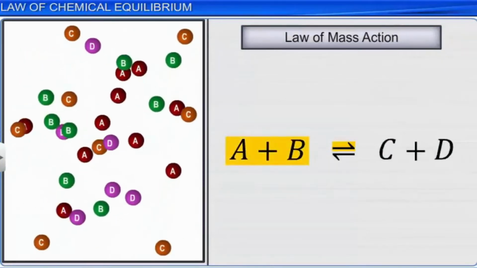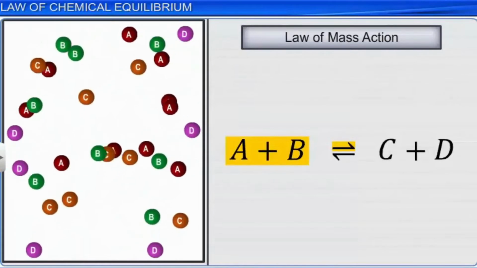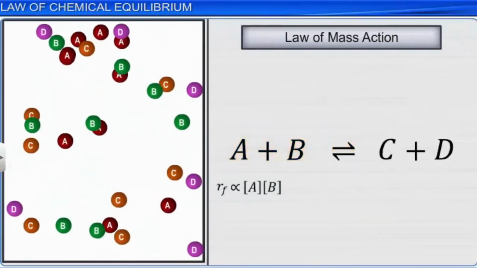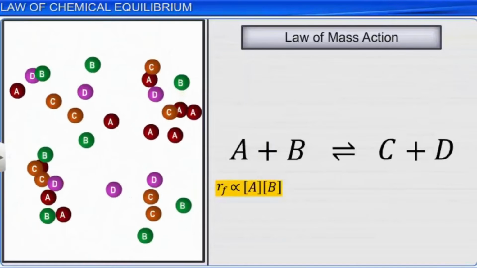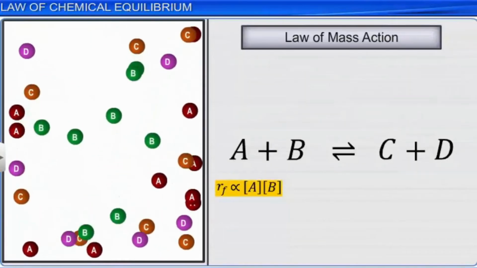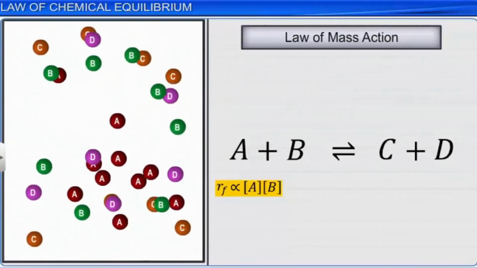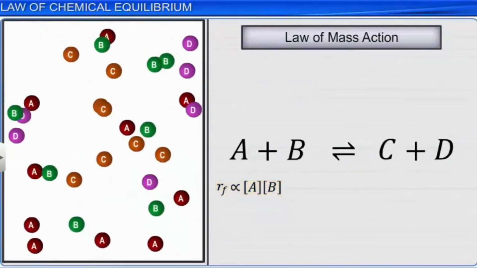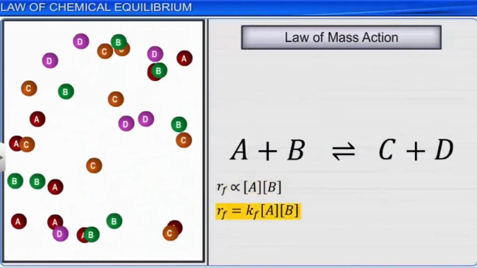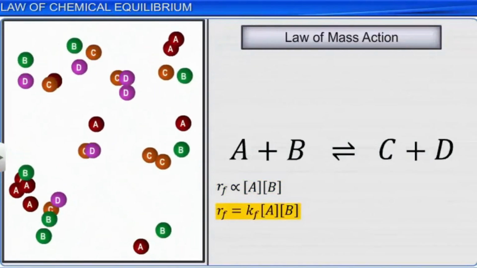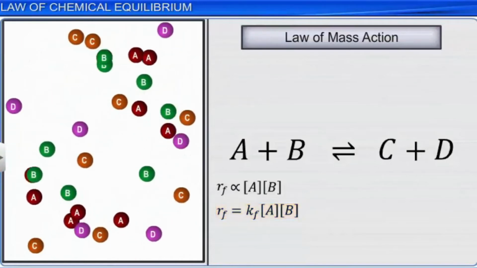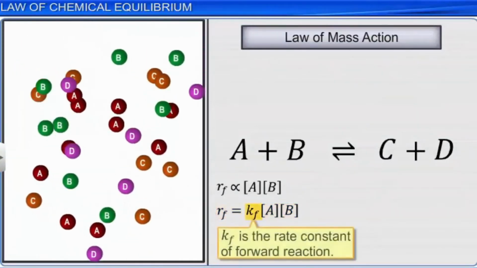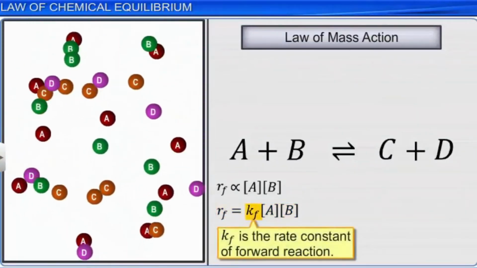That is, the rate of forward reaction Rf is directly proportional to the concentration of the reactants A and B. Or Rf is equal to Kf multiplied by the product of the concentrations of A and B, where Kf is the rate constant of forward reaction.